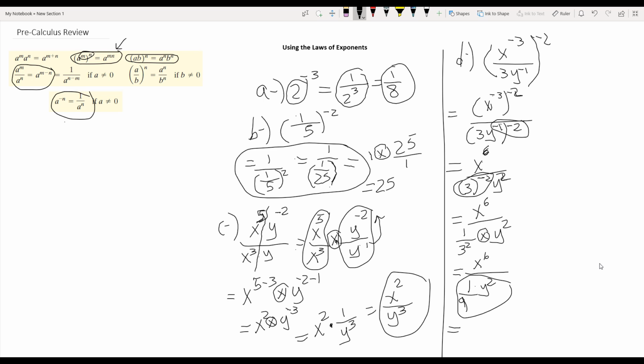So what we're gonna do is simply multiply x to the 6 times 9 over y squared. Okay, looks kind of weird.